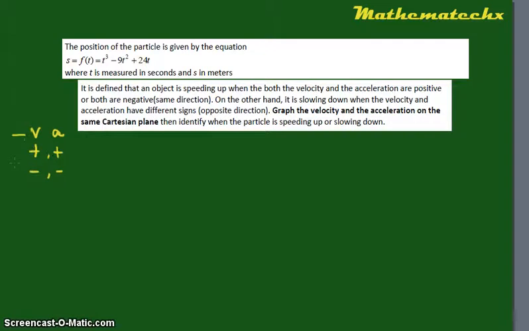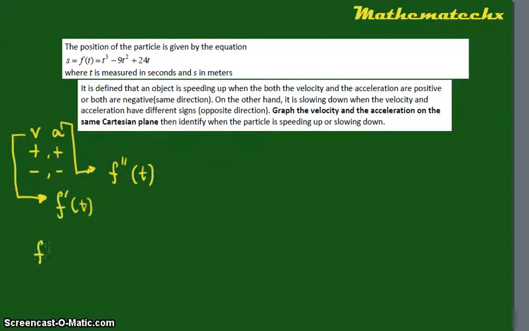Now for us to identify where exactly the object is speeding up or slowing down, we need to use the velocity function and the acceleration function. The velocity is the derivative of the position function, while the acceleration is the second derivative of the position function, in other words the derivative of the first derivative.